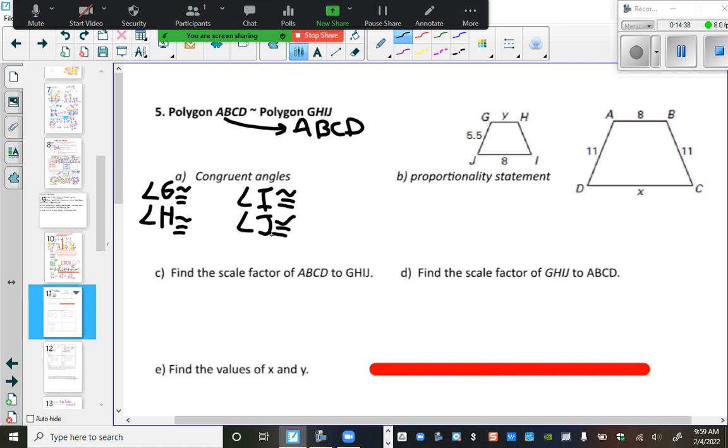Look at our order. Which letter is directly below letter G? It's angle A. Which letter is directly below H? B. What about I? What's right below I? C and D. That's simple. Is that simple, ladies and gentlemen?